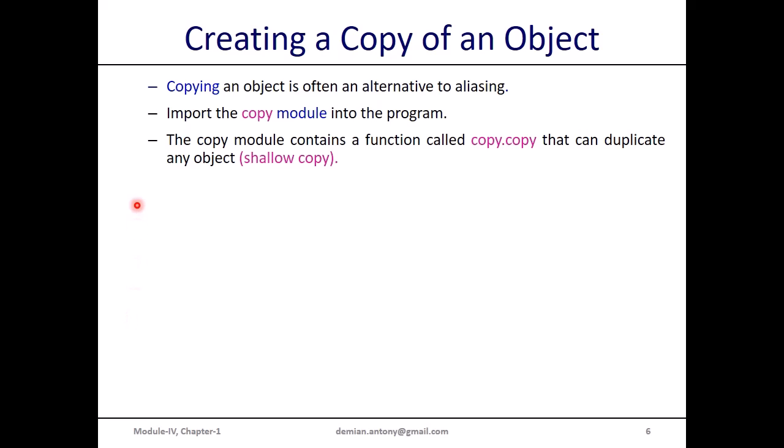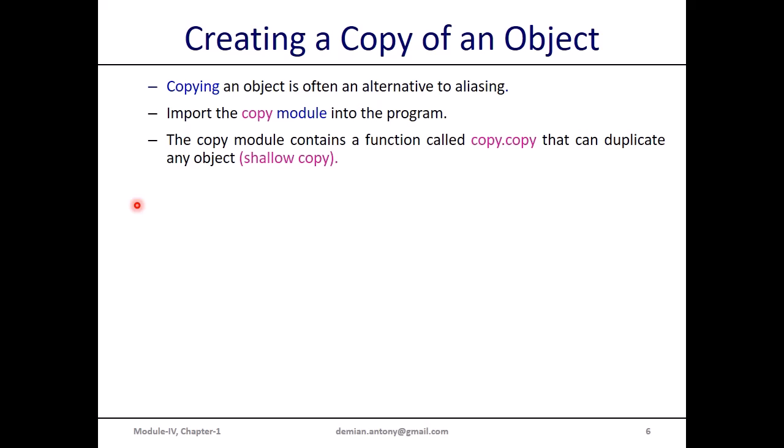If the programmer wants to create multiple copies of an object, then the programmer has two options. One is to create the aliases, and we understood the problem of having aliases to an object. It decreases the readability of the program or the code.